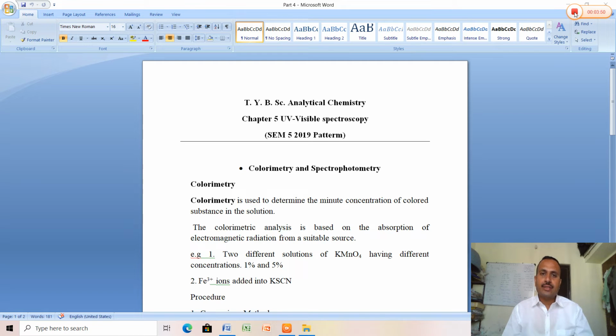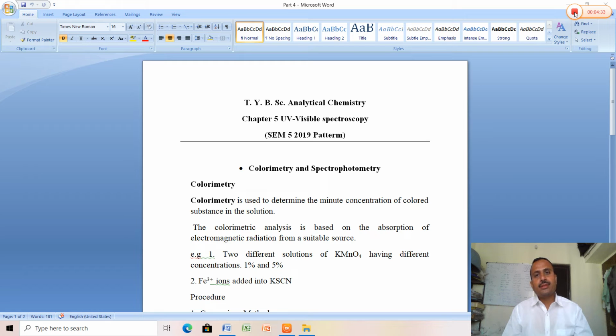Naturally, in two different glass tubes labeled 1% and 5%, the intensity of 1% should be less and that of 5% higher. That means the pink color of KMnO4 appears weak in 1%, while in 5% the pink color will be greater. We can easily recognize the intensities, and from those intensities we can determine the concentration of the KMnO4 solution.